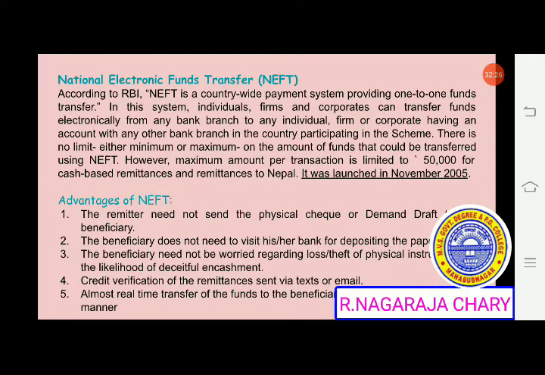So when we are transferring funds to our neighbouring country Nepal, it is restricted to 50,000.